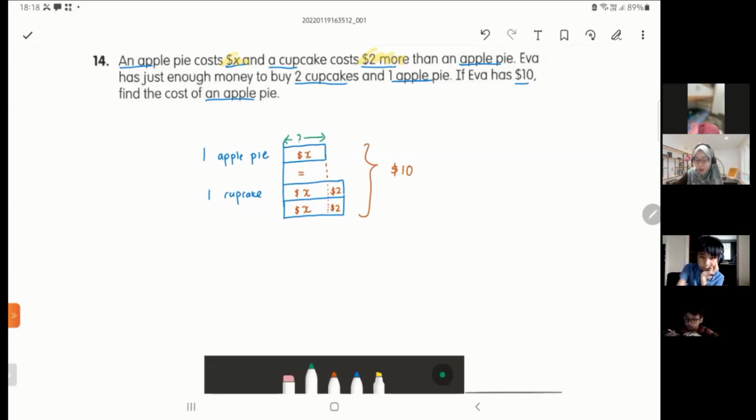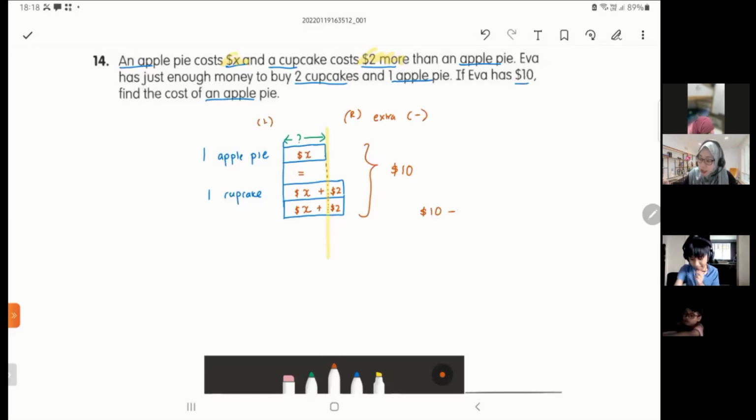So from here you can see that there are the extra parts, right? This is my left hand side, this is my right hand side. My right hand side is actually our extra. What do I do with extra? I throw them away, I take it away. So $10 minus... if you look at one cupcake, it's actually X dollars plus $2, because we have to put them together.